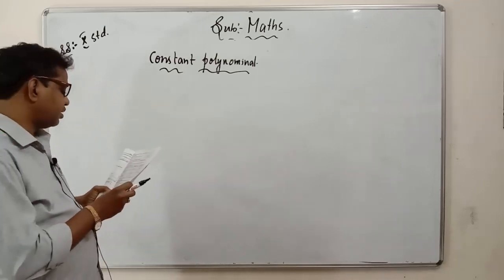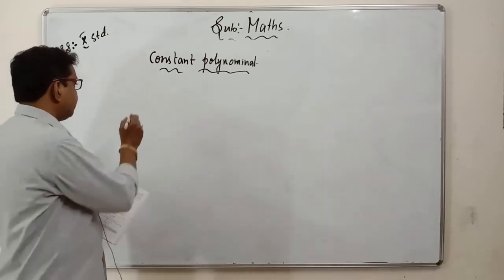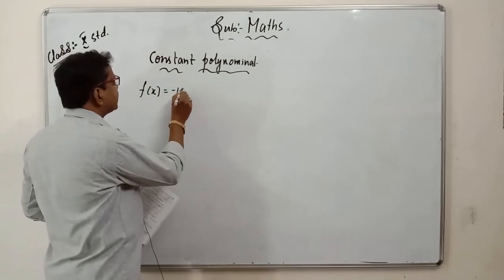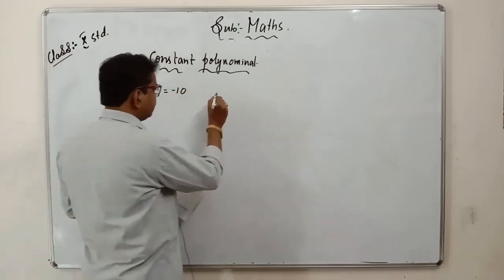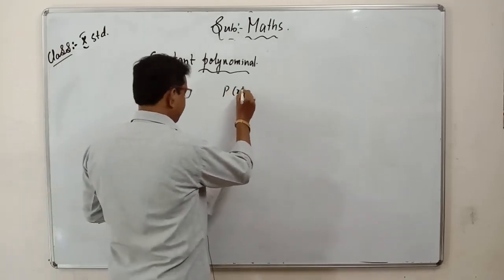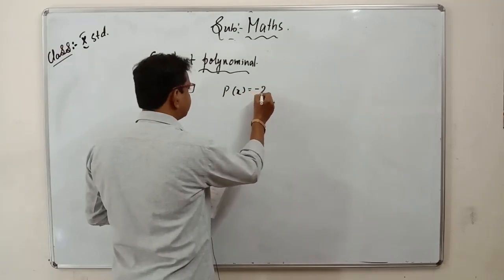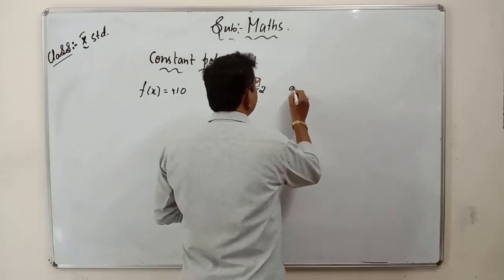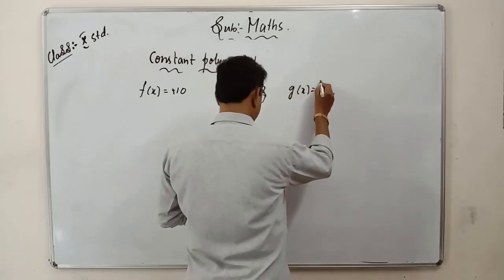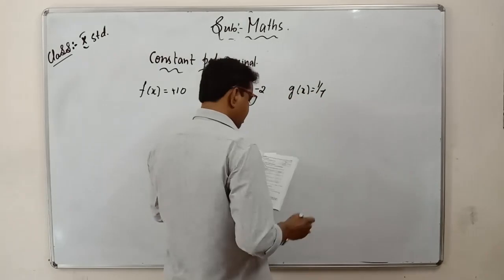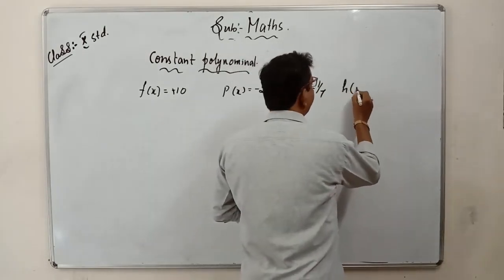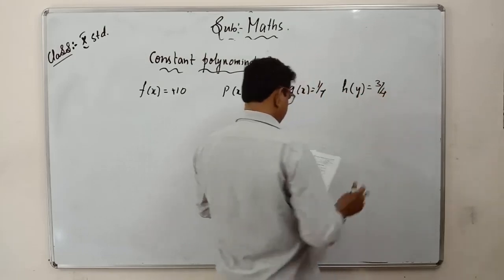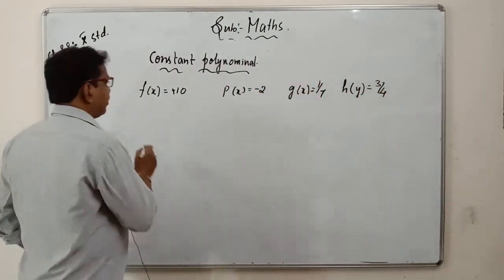For example, if you take f of x equals minus 10, or p of x equals minus 2, or you can take plus 10 also, no problem, or g of x equals 1 by 7, or h of y equals 3 by 4. So these are called constant polynomials.